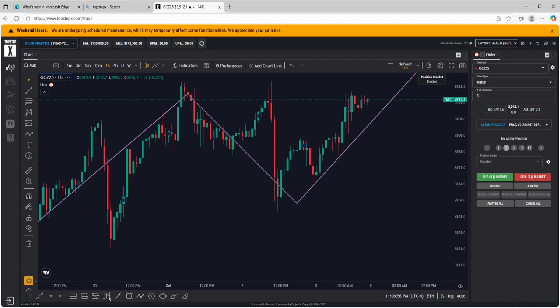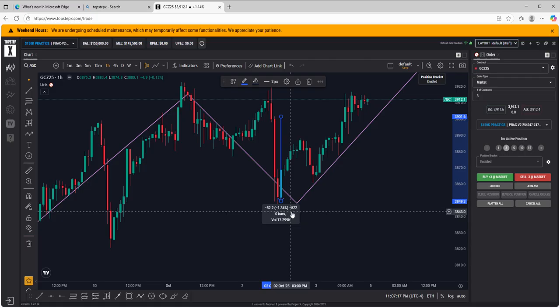So this tool right here helps us measure pips. Now pips is like cents. It's the unit of measurement that's used to understand the value of each candlestick. So if we look at this one candlestick, this one candlestick is 522 pips. Now, 1 pip equals $10 for gold.